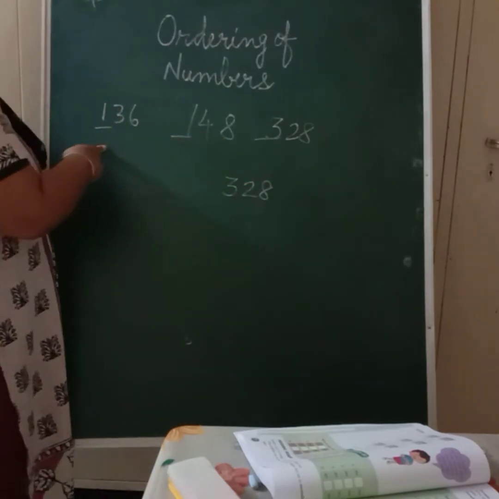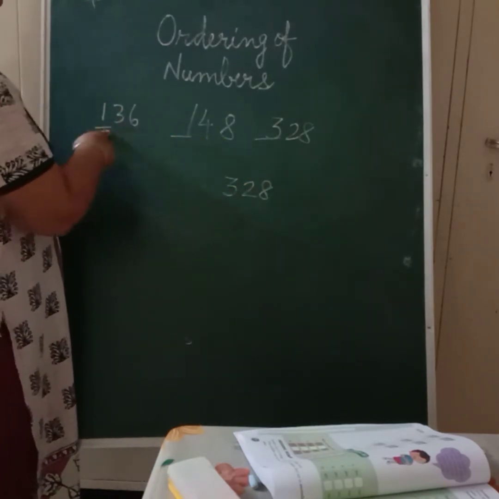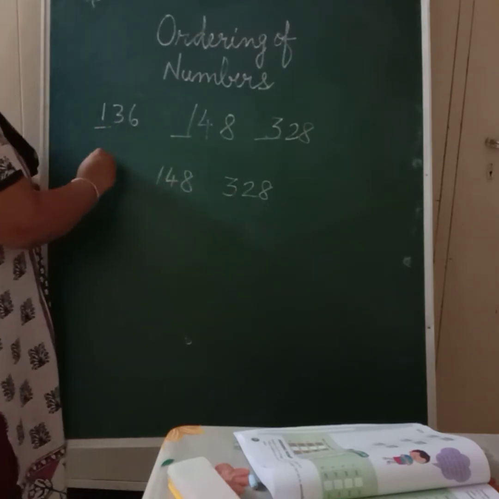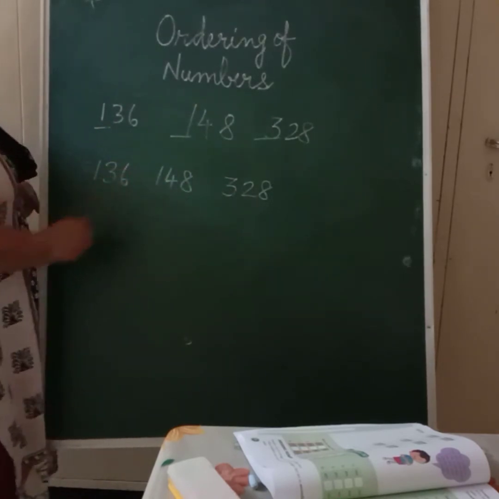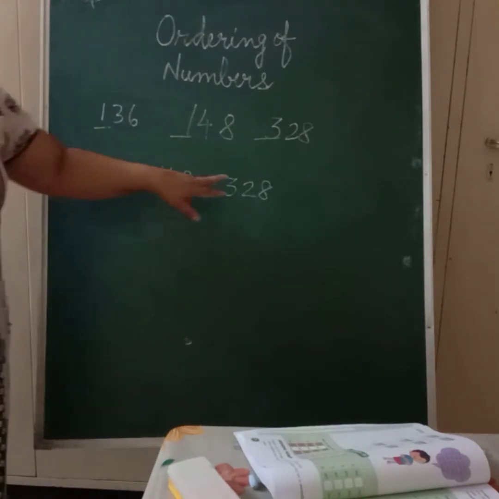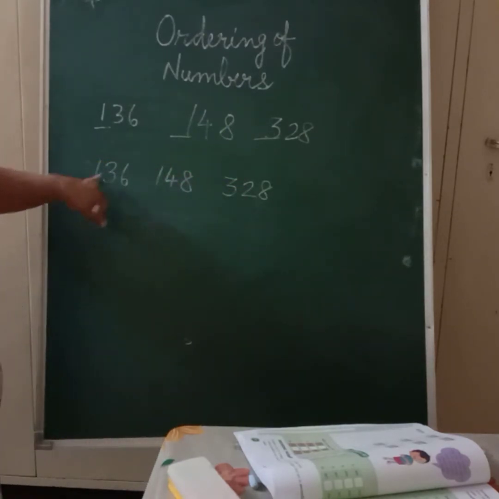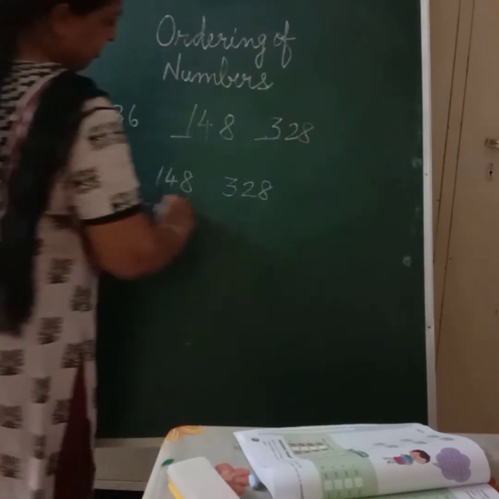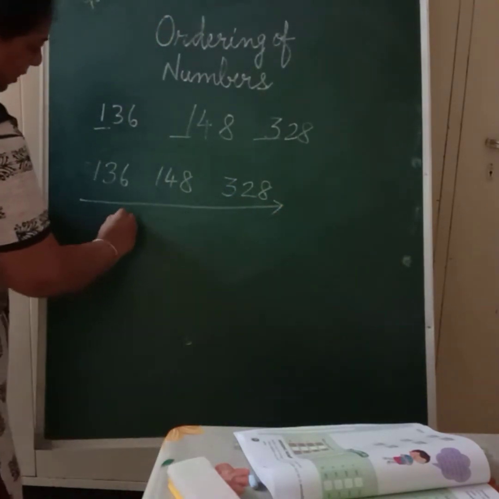Now these two are remaining. So see tens. Whose tens is greater? That will come second. And 136 is smaller. So small, big, big: 136, 148, 328. So this arrangement of numbers is called ascending.